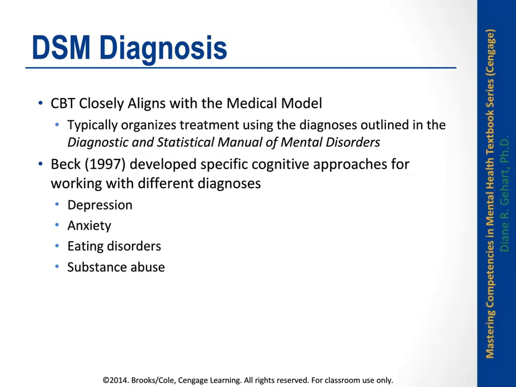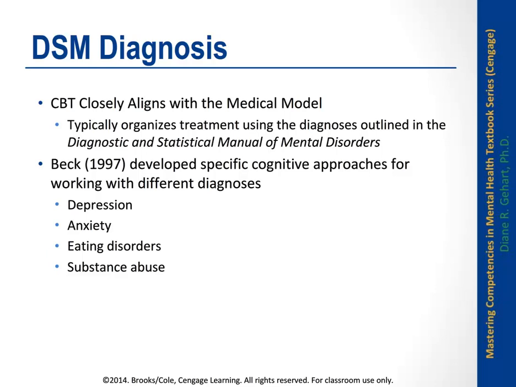Of all the psychotherapies and counseling models, CBT is most closely aligned with the diagnostic DSM manual, and it's very closely aligned with the medical model. CBT conceptualizes by identifying the syndrome, the DSM diagnosis, and developing treatment around that.